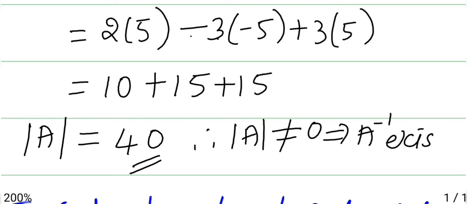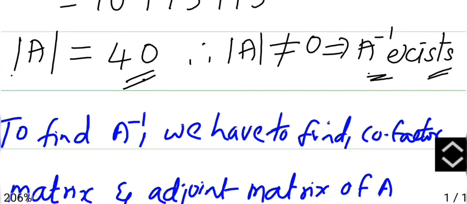If suppose the answer is 0, there will be no A inverse. Whenever mod A is not equal to 0, at that time we can find A inverse. If mod A is 0, then we cannot find A inverse for that particular matrix. So now we got some answer, so we have A inverse.